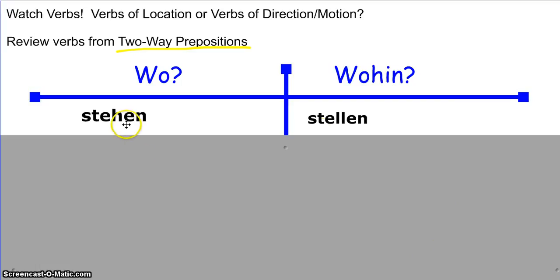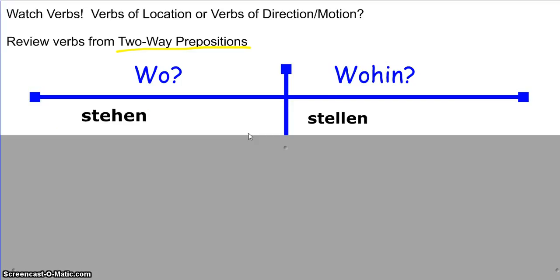So stehen versus stellen. So stehen means to stand or to be situated. So that therefore indicates where, location. Stehen, to stand or to be situated. That is in juxtaposition to stellen, which answers the question wohin, or where to, meaning instead of it stands there, like you are putting it there.